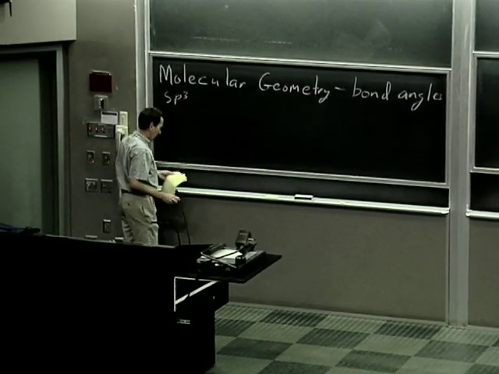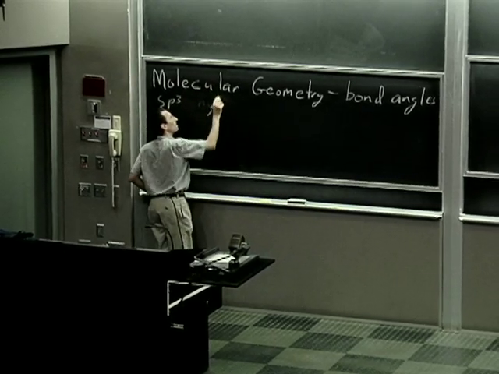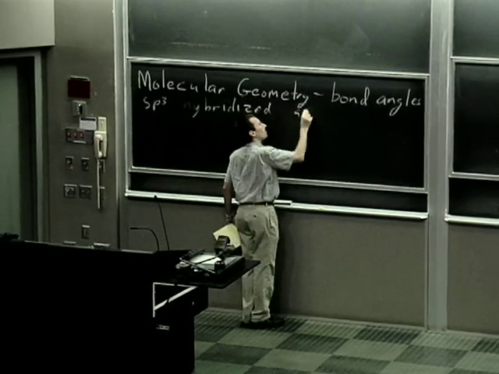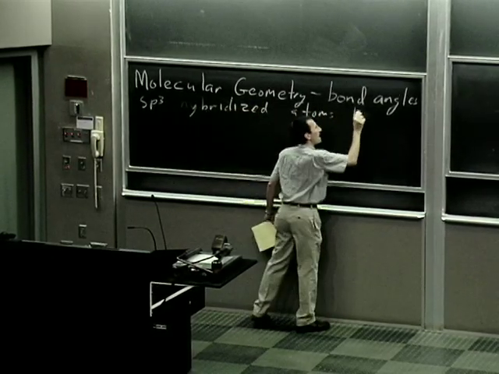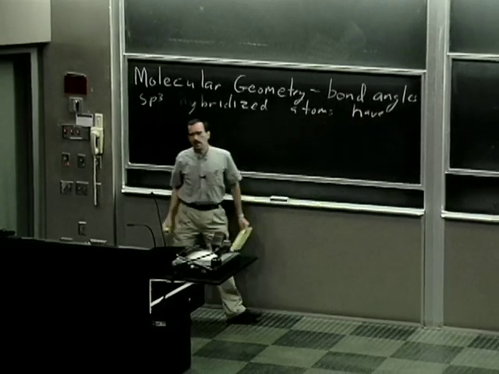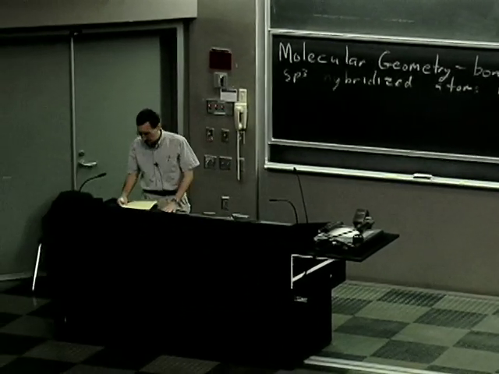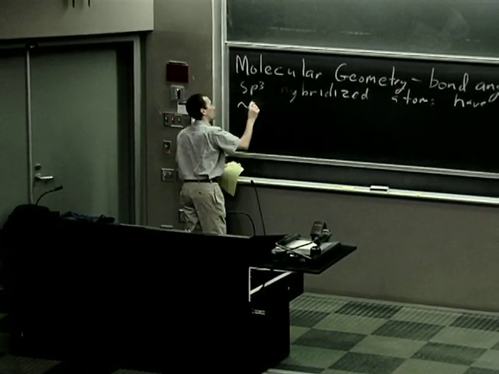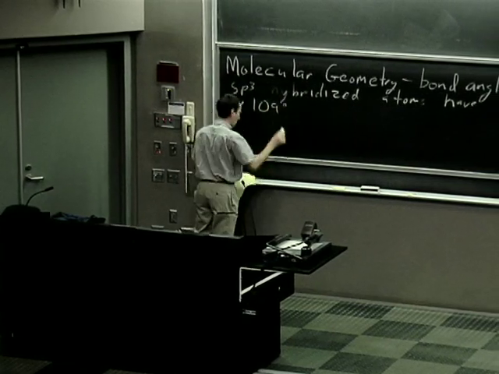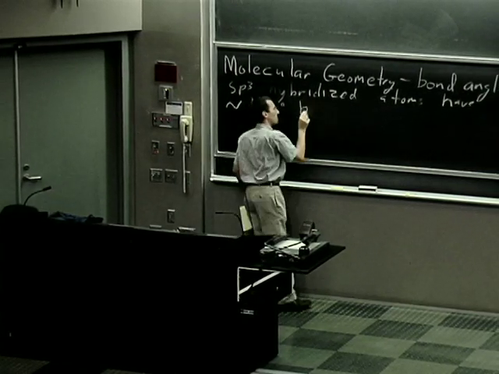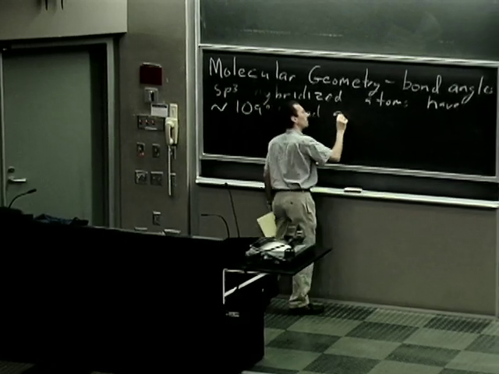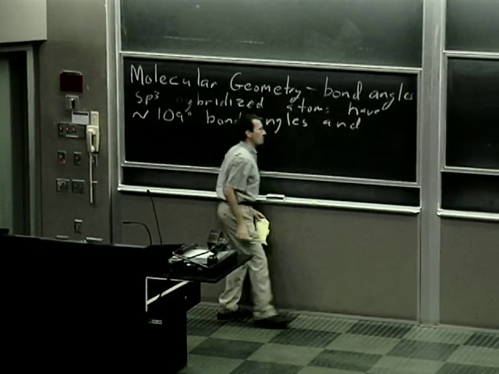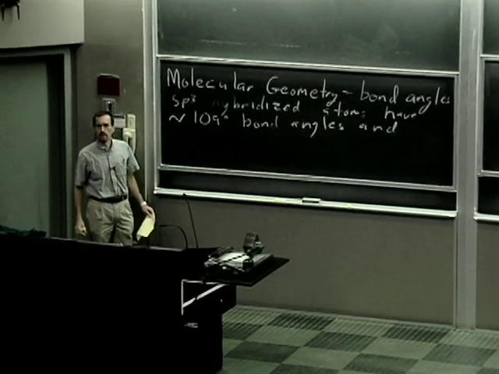So sp3 hybridized atoms have about 109 degree, roughly a tetrahedral arrangement of ligands and lone pairs. So let's say about 109 degree bond angles and a tetrahedral arrangement of ligands and lone pairs.